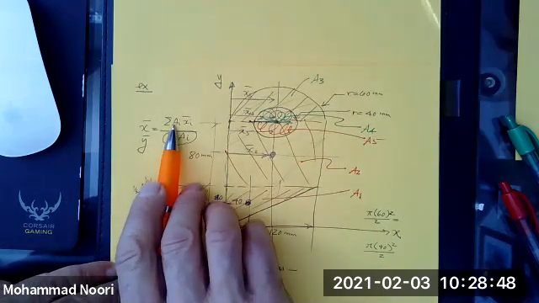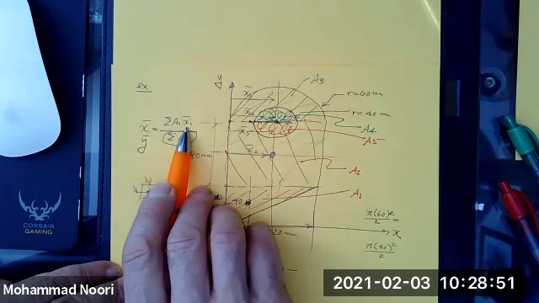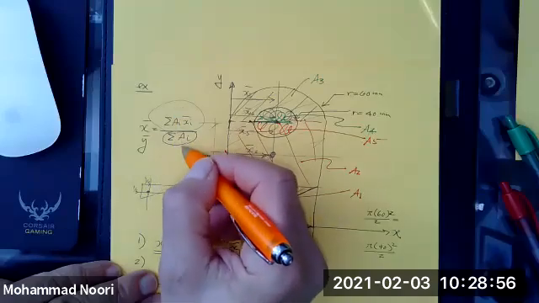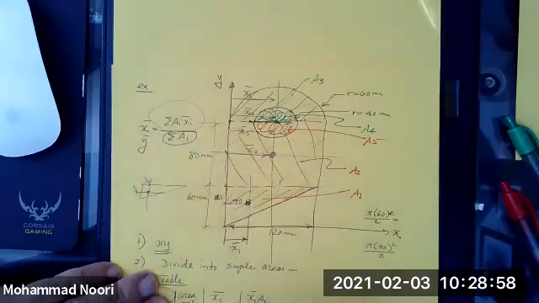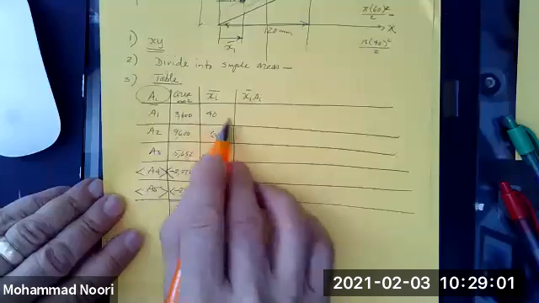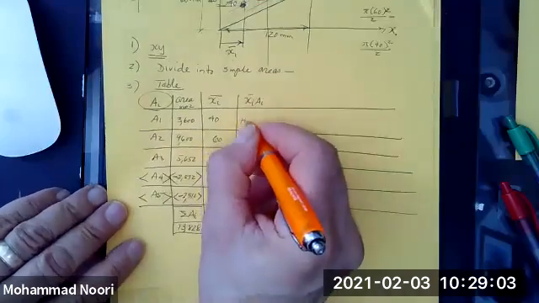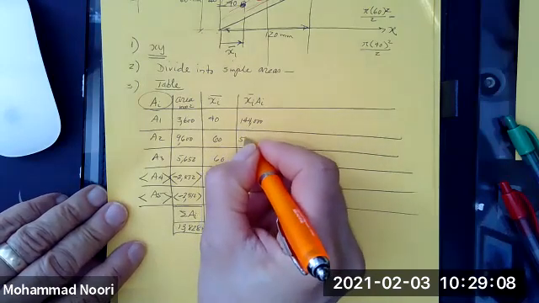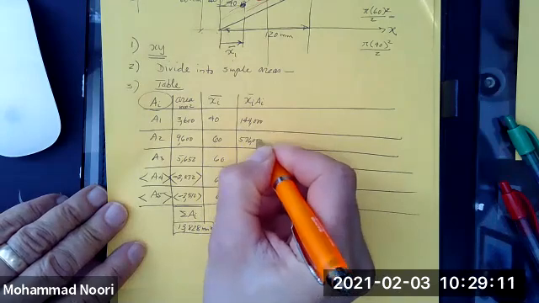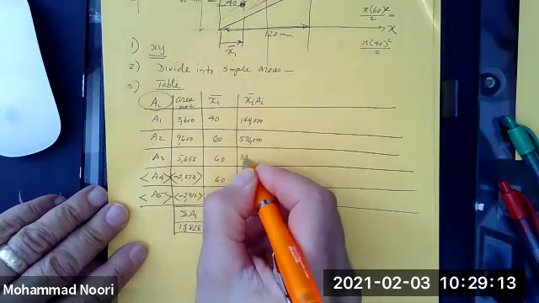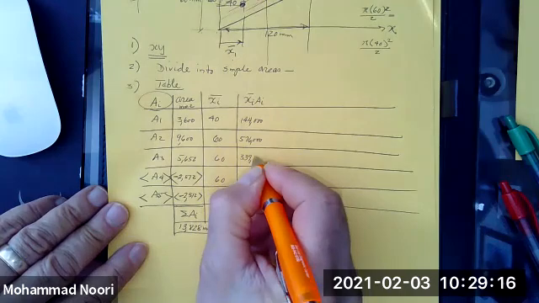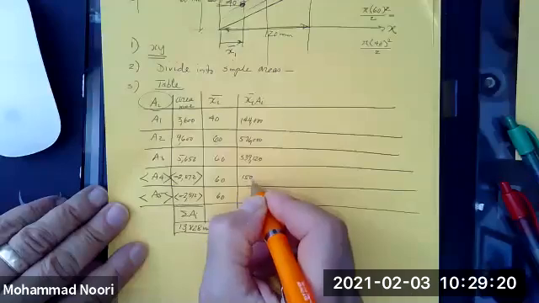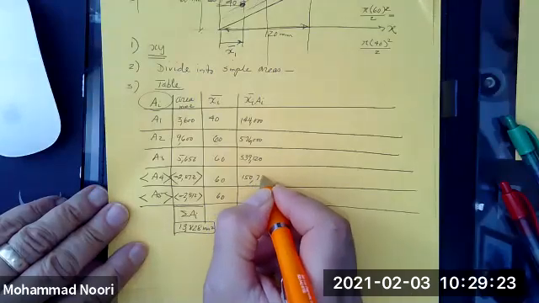Product of each area and the centroidal distance corresponding to that. So if you find those, add them up, divide by this, you find X bar, and that's what we are doing. So you just multiply these two, very easy. 144,000, you have 576,000, 339, 120, 157.96.